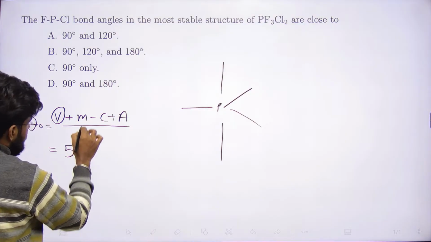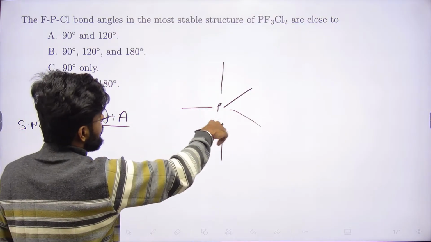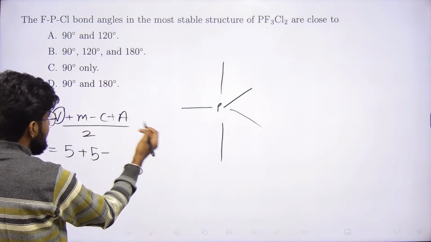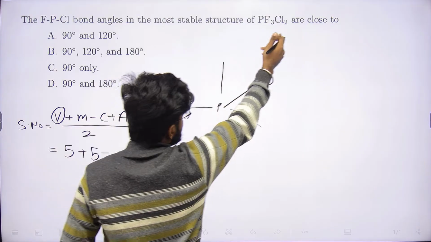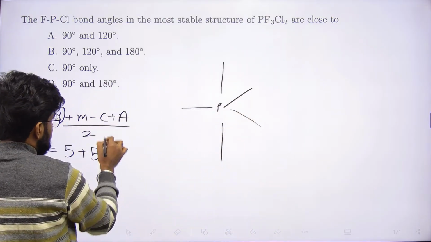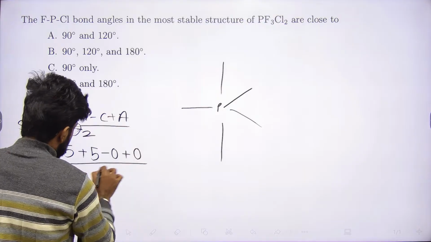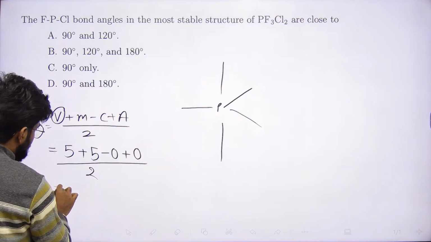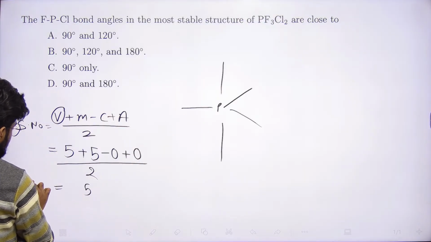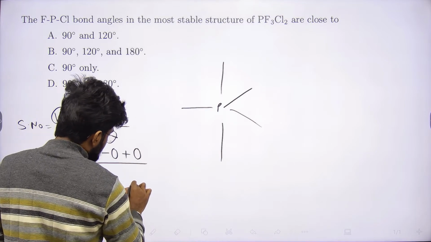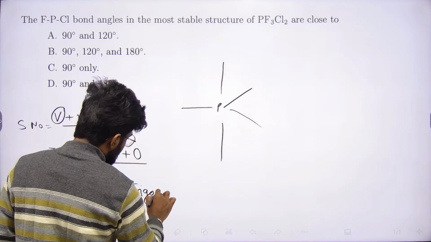The monovalent atoms around this central atom number 5. Is there any positive or negative charge on this compound? No. C is the positive charge and A is the negative charge, which are both 0. So we will get 5.